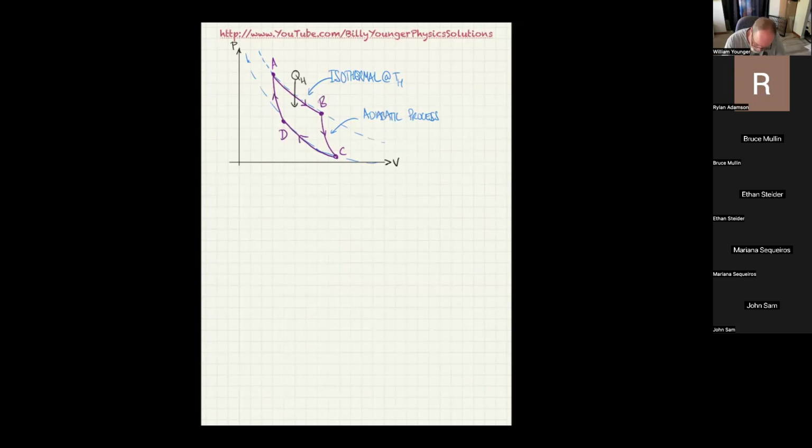So this one's going to be isothermal at T low. And in fact, at that point, we're going to get a heat QL flowing out of it. And then finally, this part right here is going to be adiabatic. So that's what the Carnot engine is.